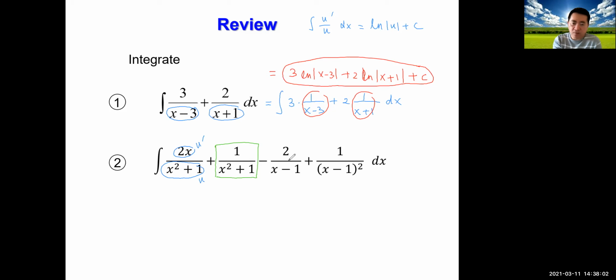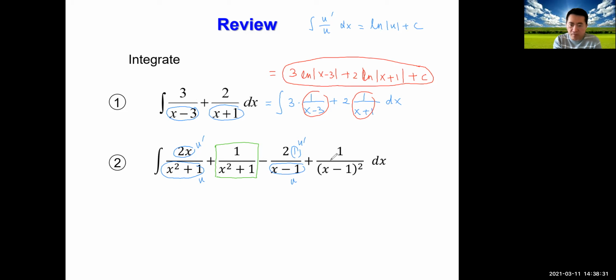And then you look at the next one. Well, the next one is similar to one of these two up here, right? It's actually u prime over u. If this is the u, then the derivative of u is 1, so basically I do have it there. Okay, u prime over u, I can use the formula. And then the last one, well, that's different, right?